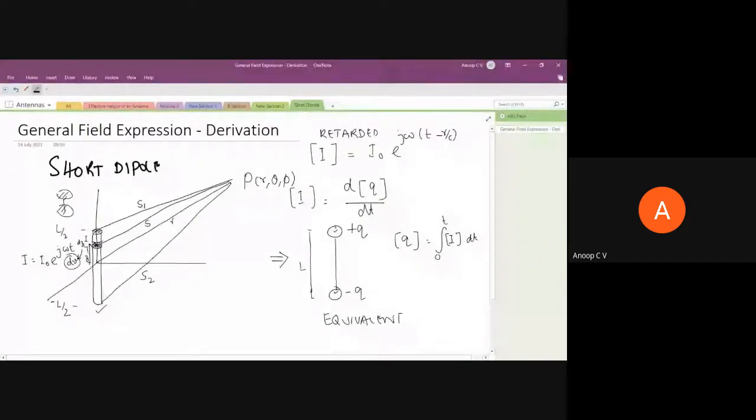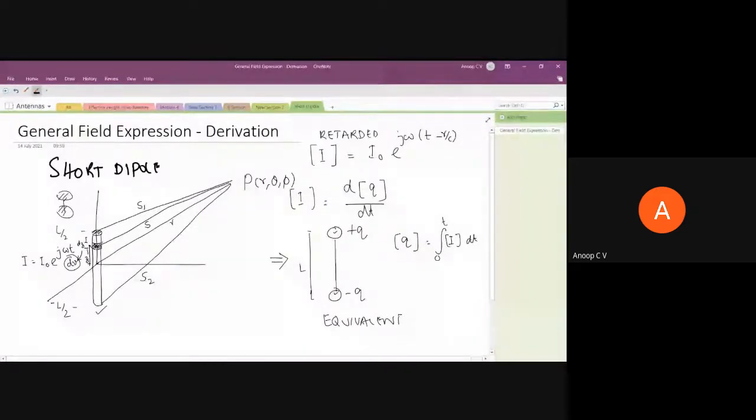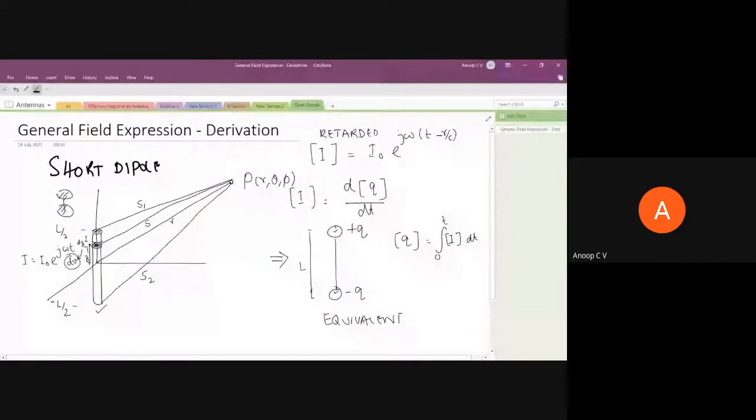So consider a differential element along the conductor with length dz, and we can assume it has a volume dv. Due to this volume dv, we will find the following.